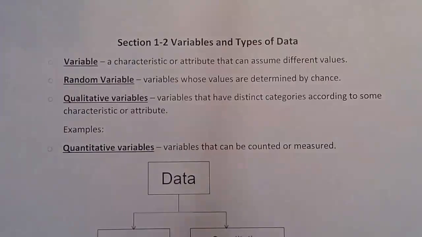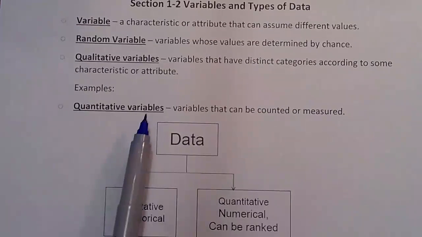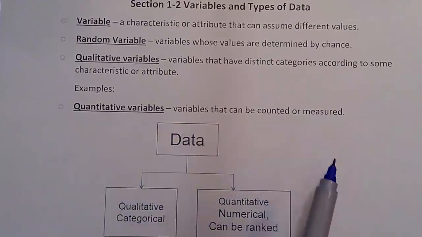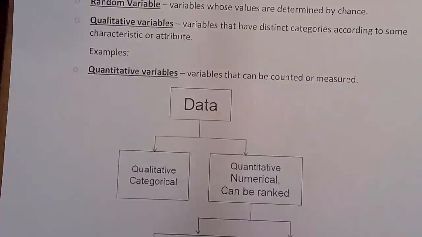Qualitative, they say, are variables that have distinct categories according to some characteristic or attribute. And then look what they have for quantitative variables. Quantitative variables are variables that can be counted or variables that can be measured. Okay, so those are two ideas or definitions there.